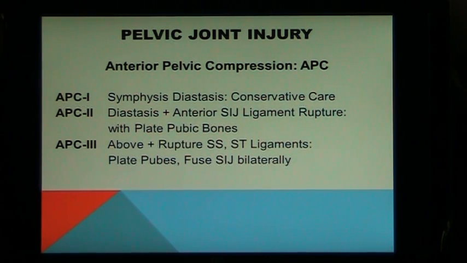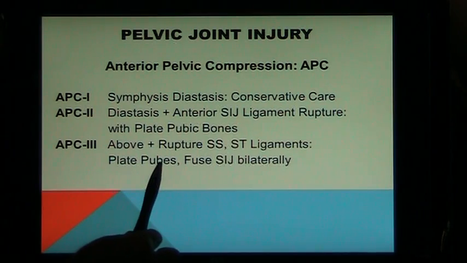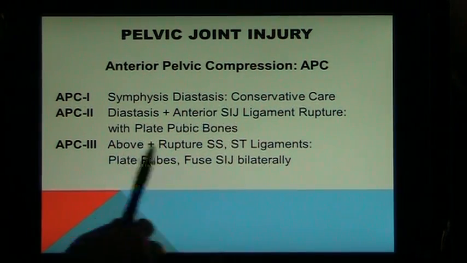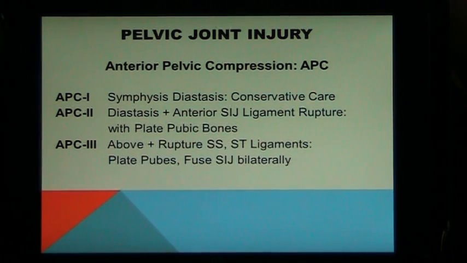So those folks have more extensive surgery. They have a plating done at the pubic joint in the front, and both SI joints are fused in the back. That's bilaterally done. The sad news is a fair number of that population does have a chronicity in their symptoms, and some of these people, these are very life-threatening injuries.